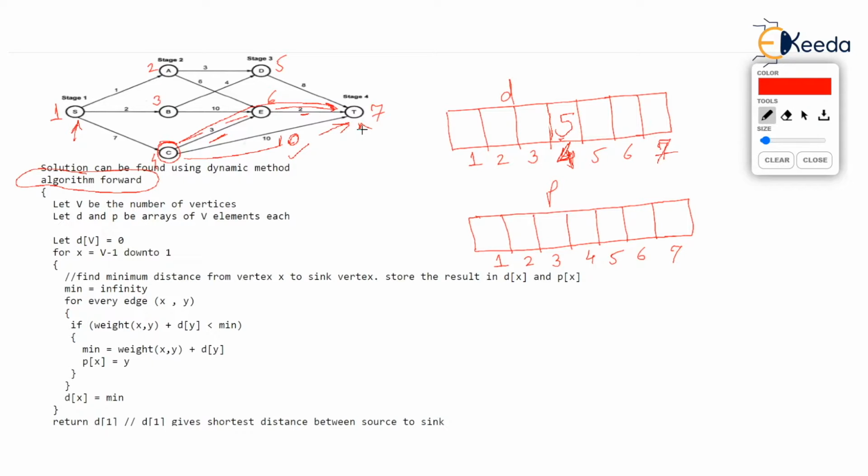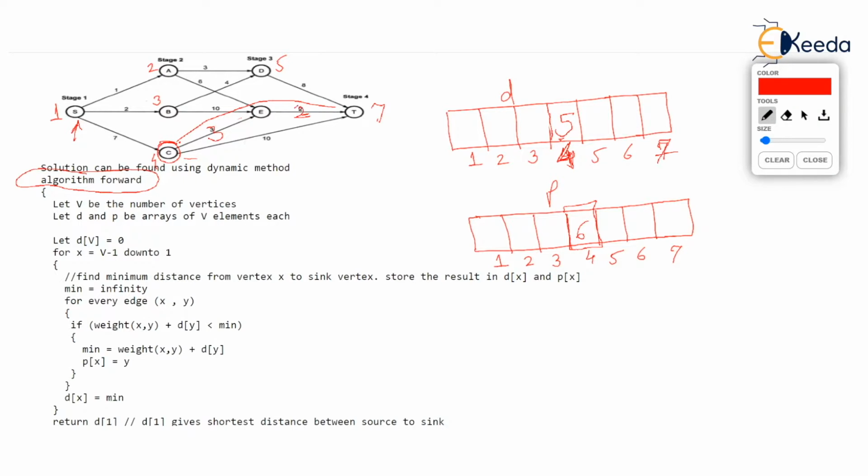But then observe the other array P. This element P4 is going to store 6. Why exactly? Because you know that the shortest distance from 4 to 7 is 5. How did you get that? 3 plus 2.